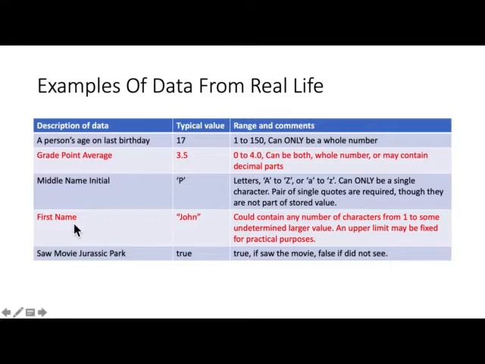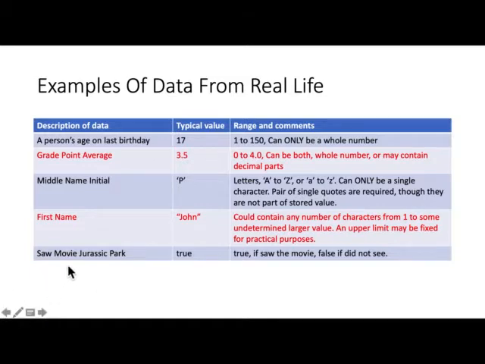But if we take someone's first name like John in double quotes, this could contain any number of characters from 1 to some undetermined larger value, and for practical purposes we may fix an upper limit. Okay. Double quotes are not stored in the RAM, and this is Boolean type.